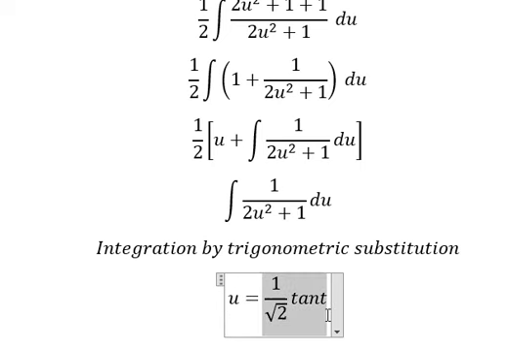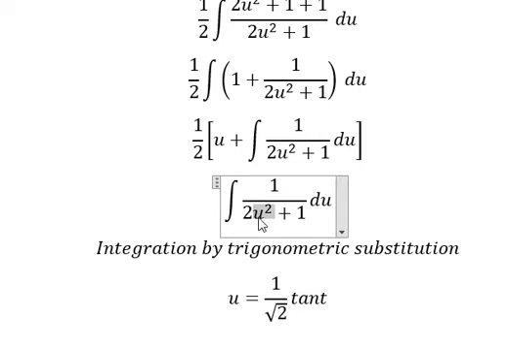The reason I do it this way, if I do this, I will put this one in here, and you get 1 over 2 tan t square. Number 2 with 1 over 2, that will simplify. Tan t square plus 1 we change for secant of t square, and later we simplify du.